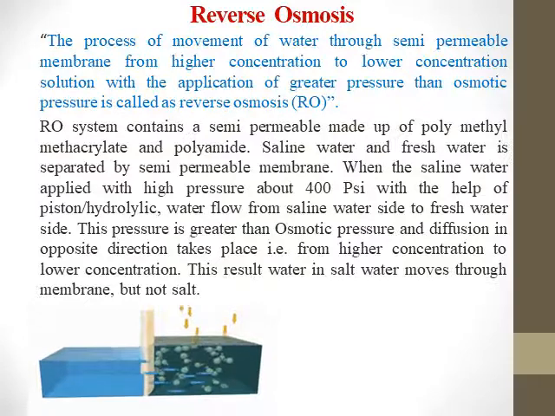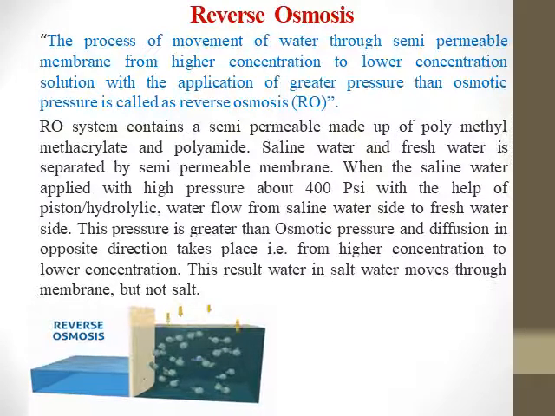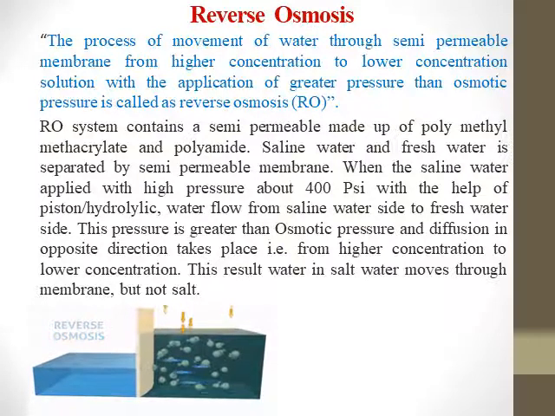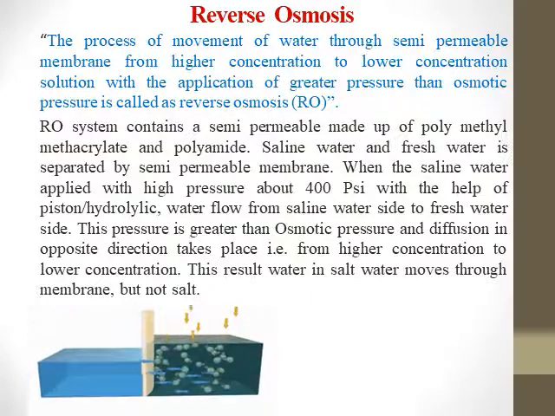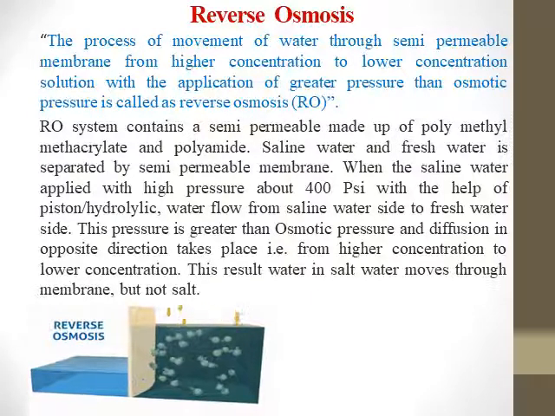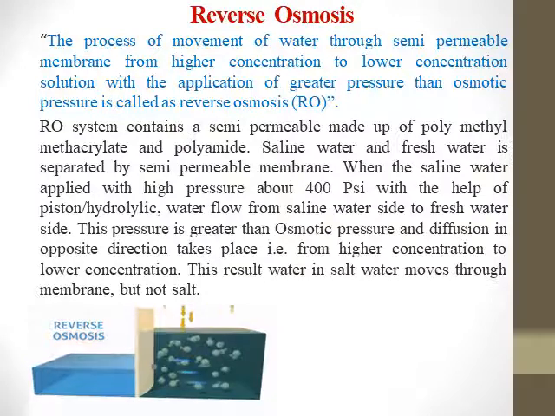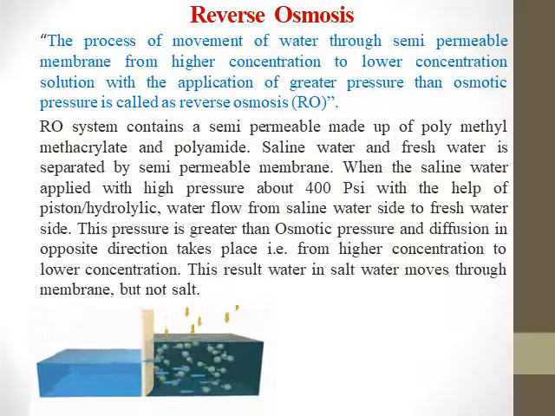When the osmotic pressure equalizes the hydrostatic pressure, no more movement of water molecules from the water side to the salt water side takes place. That entire process is called reverse osmosis.